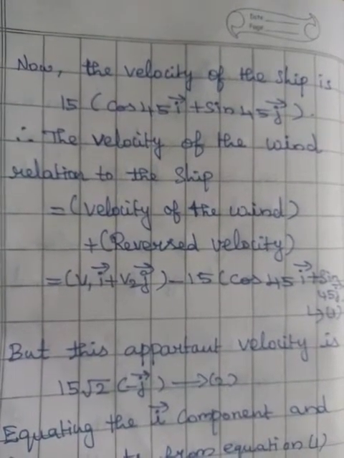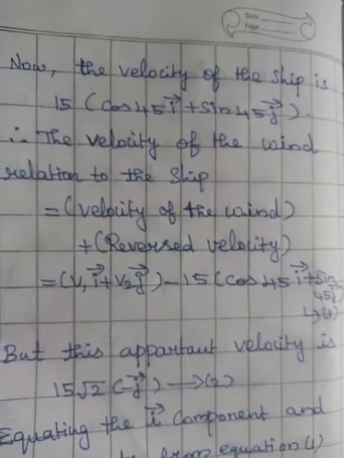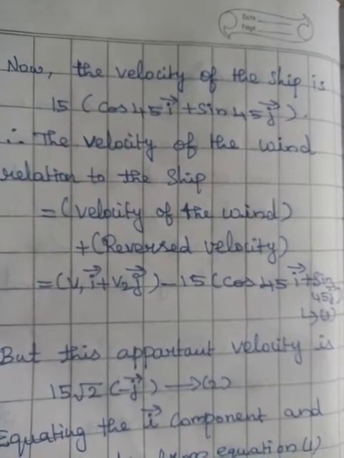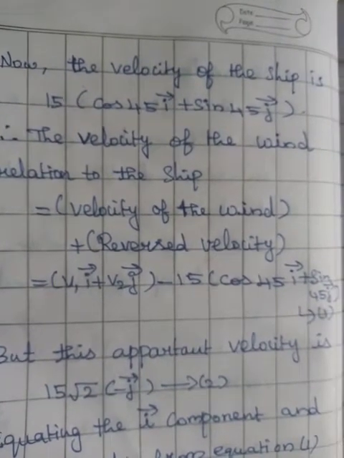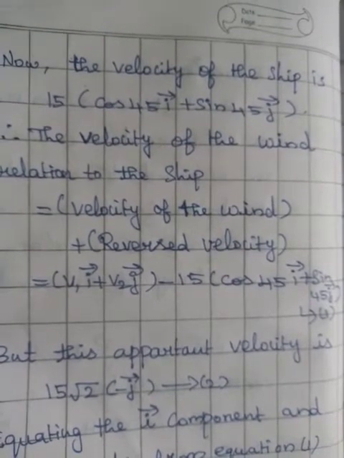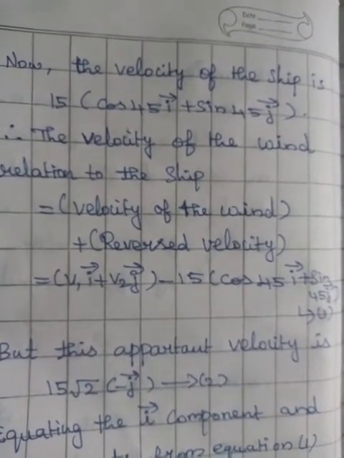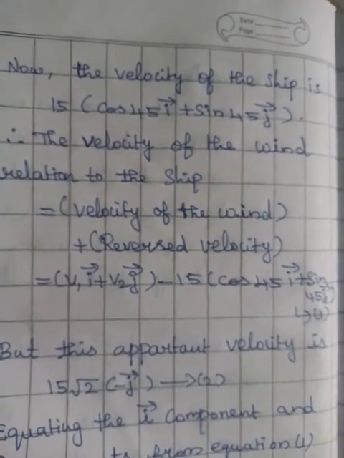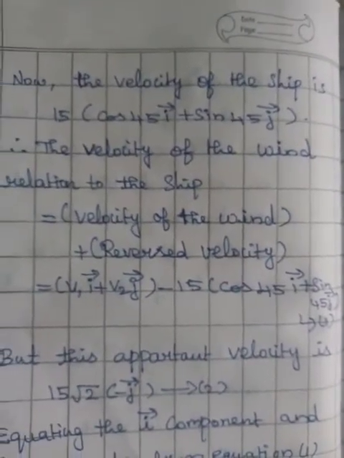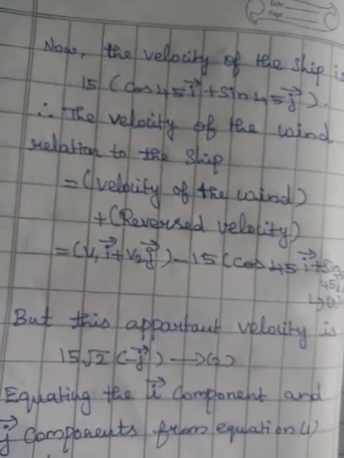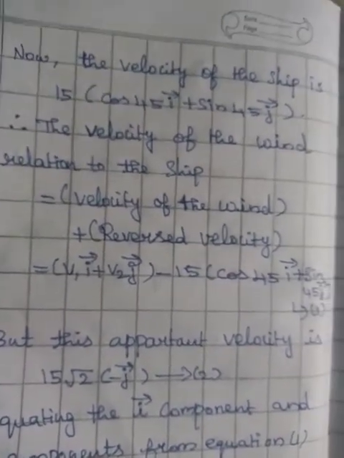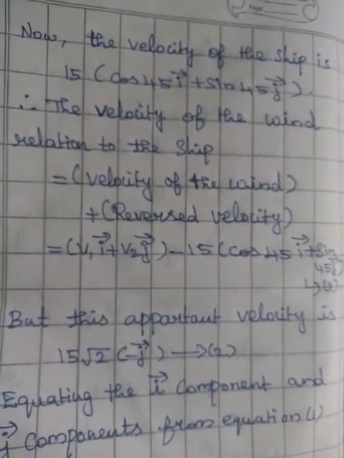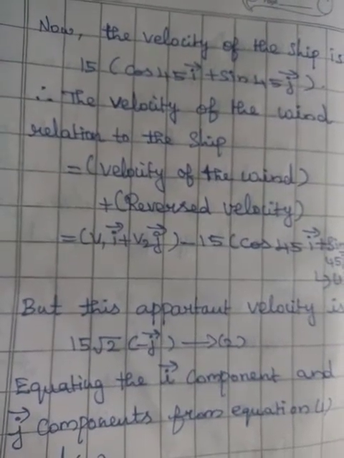Therefore, the velocity of the wind relative to the ship is the velocity of the wind plus the reversed velocity of the ship, which is v1 i vector plus v2 j vector minus 15 into (cos 45 i vector plus sin 45 j vector). This is equation number 1. But this apparent velocity is 15 root 2 into minus j vector. This is equation number 2.